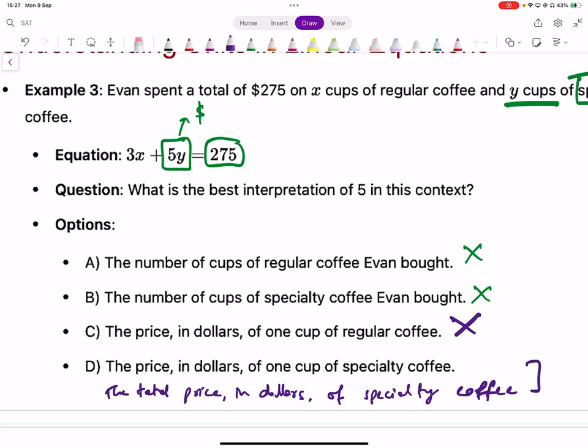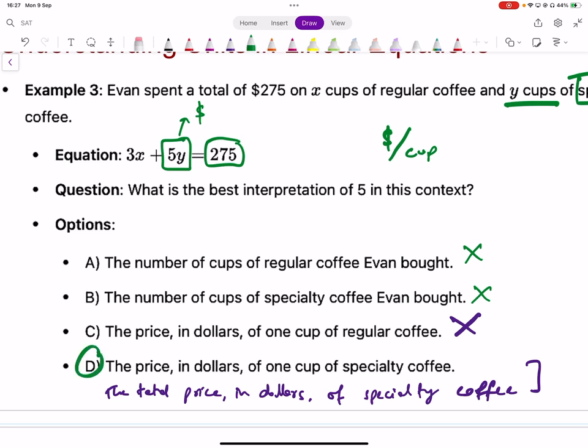Any idea? When we talk about price in dollars of 1 cup of coffee, what's the unit here? Dollars per cup, right?